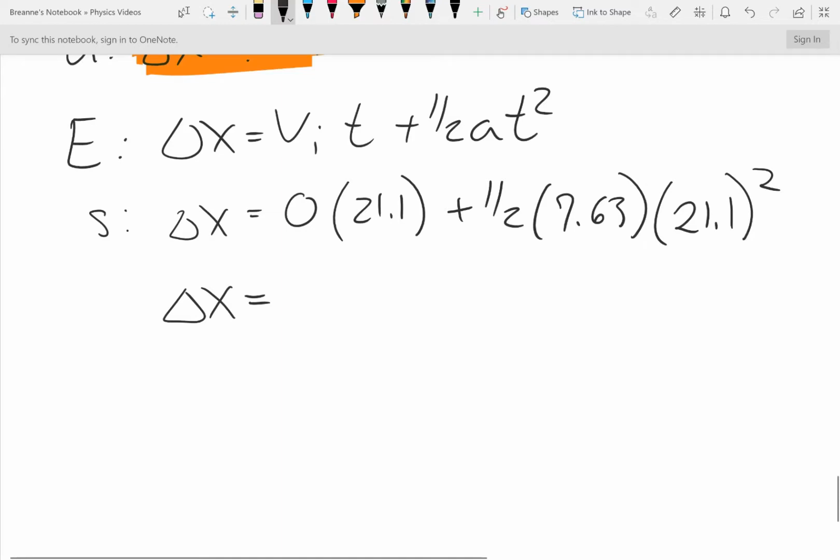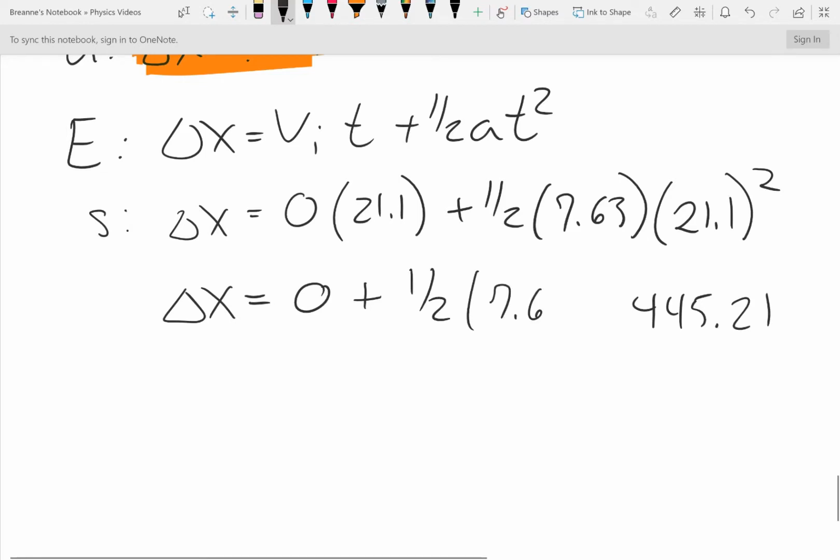It's now algebra. 0 times anything is 0. We have to do the squared first. So you end up getting 21.1 squared, and that equals 445.21.